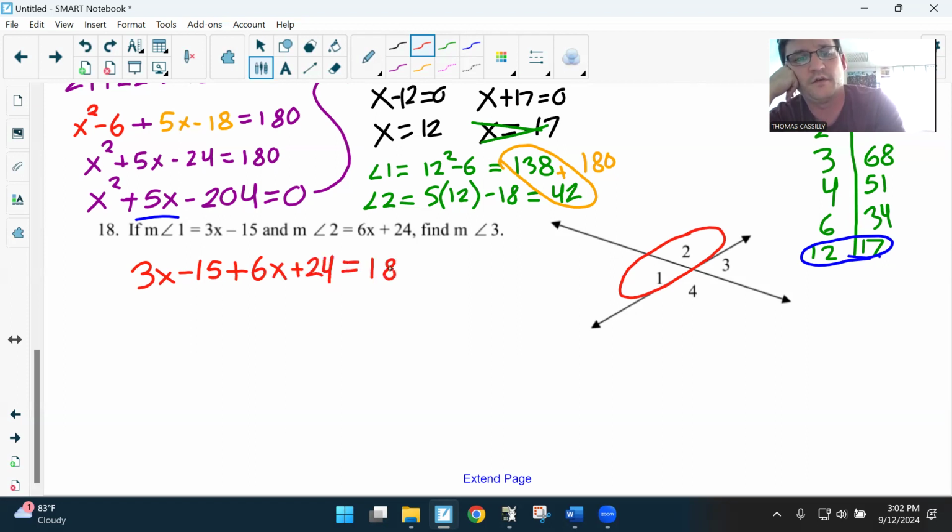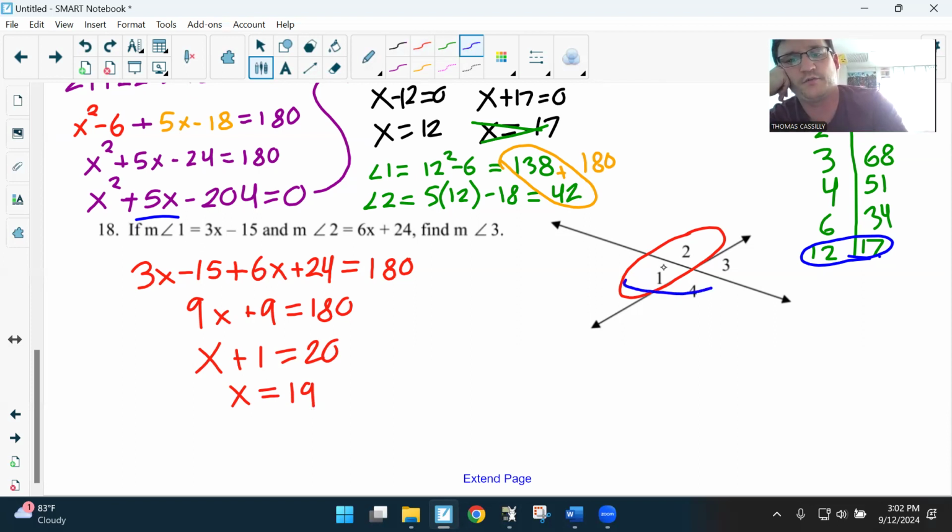Nothing groundbreaking here, just standard solving: 9x plus 9 equals 180. I'm going to divide everything by 9 here. I'm going to say x plus 1 equals 20. Therefore, x equals 19.